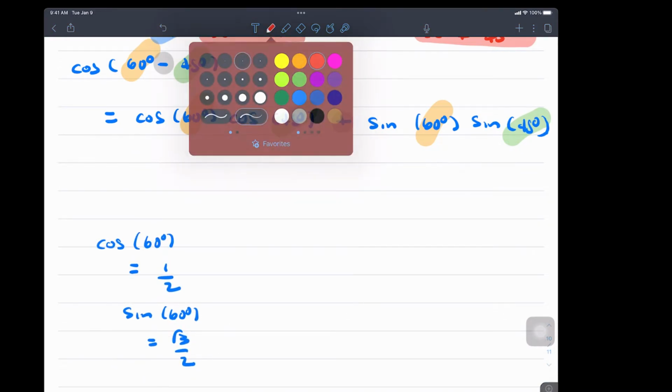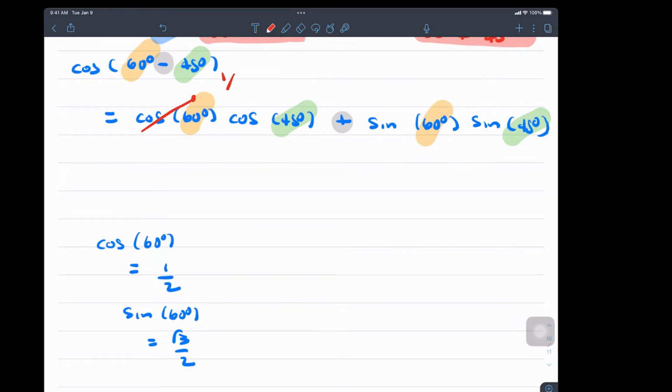This is going to be now what again? 1/2. This was square root of 2 over 2. Sine of 60, what do we say that was? Square root of 3 over 2. And then sine of 45 was also what? Square root of 2 over 2.